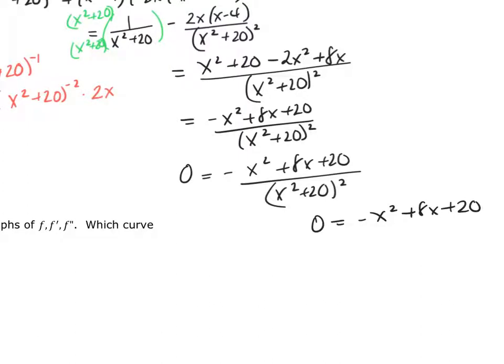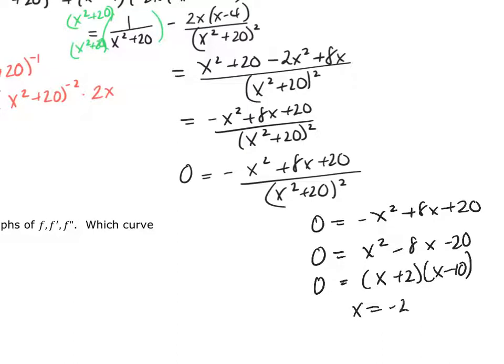I'm going to multiply everything by negative 1 because I like to have my leading coefficient positive. It just makes it easier for me to factor. Now I'm going to factor it: factors of 20 that have a difference of 8. So x is equal to negative 2 and x is equal to 10. These are my critical points.